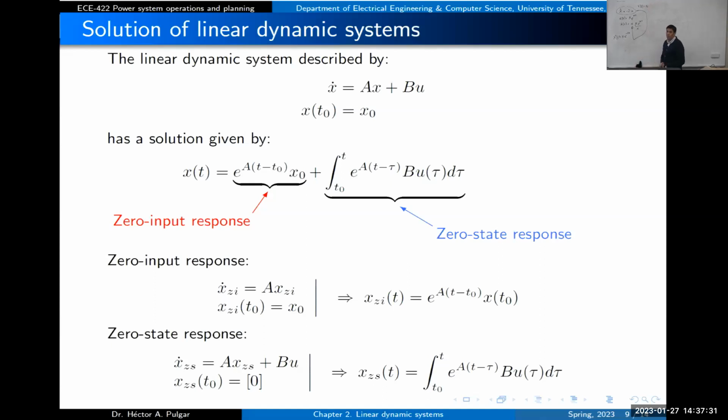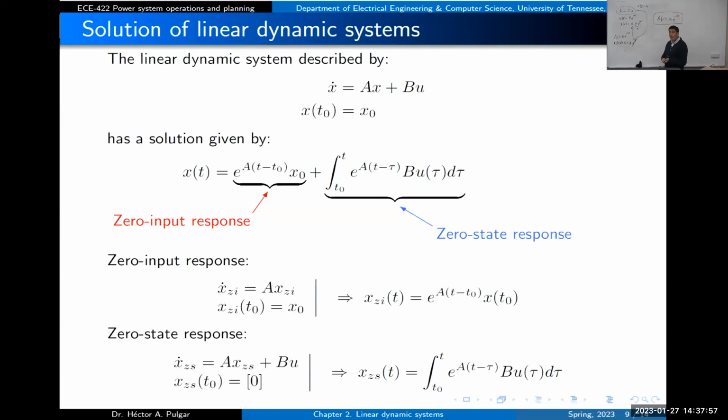Let's say it's 0. So if you evaluate this at 0, how much you get here? 1. So x of t at 0 needs to be equal to x0, and that is equal to this. So k is x0. So what is the solution for this? x of t is x0 exponential of negative 2t.